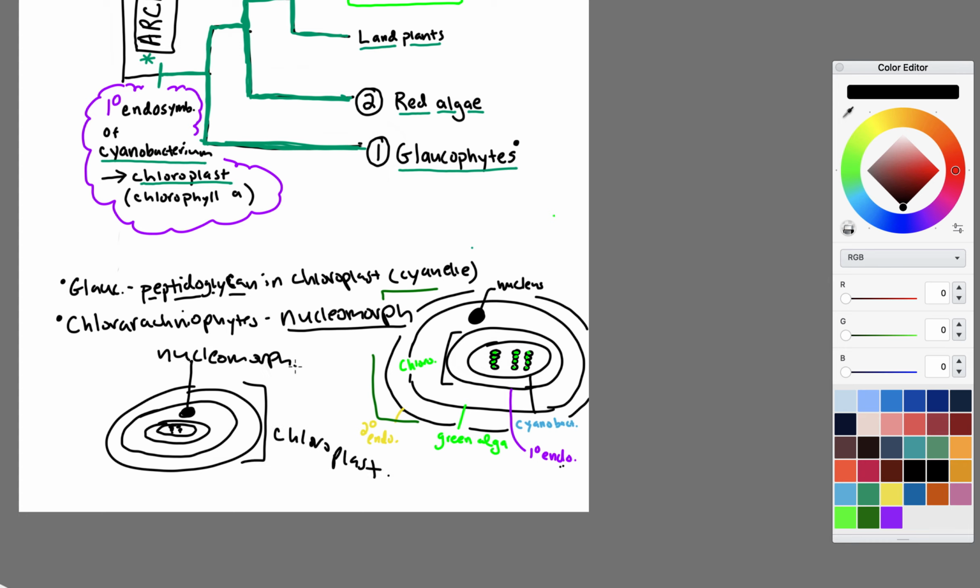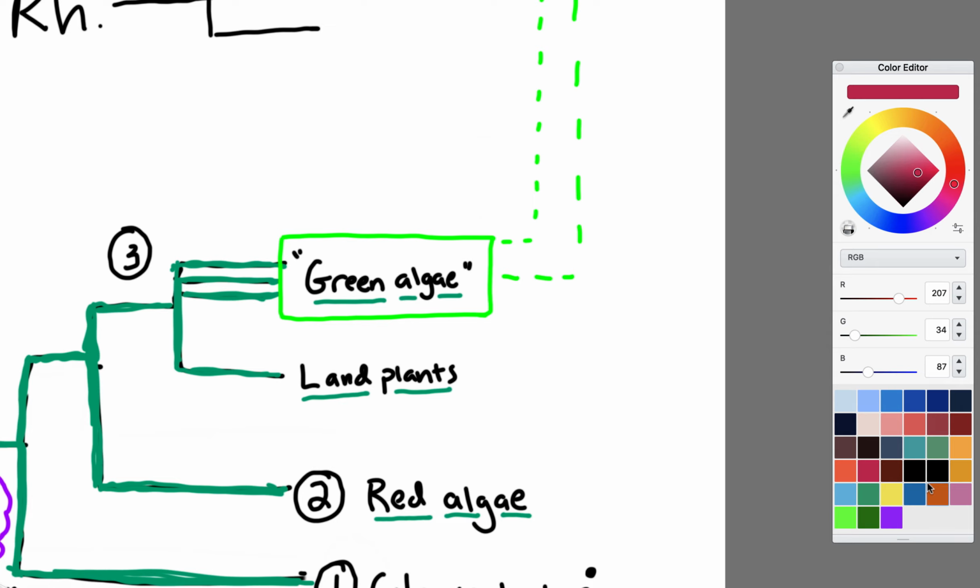Basically, it's like a remnant nucleus. It does have functional genes, though, and is required for the chloroplast to be able to function. And then, of course, this is inside of the protist, the chlorarachniophyte in the case that we're talking about. The other groups that have chloroplasts from secondary endosymbiosis are not from the green algae chloroplast, they're from red algae chloroplast.